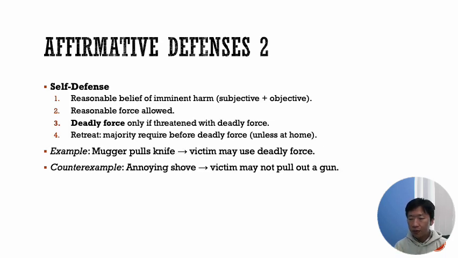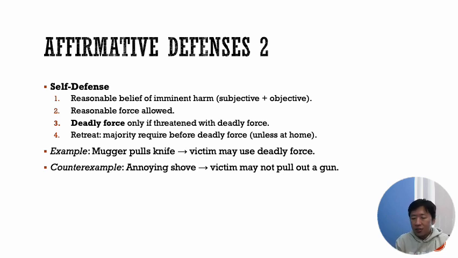The second affirmative defense is self-defense. So this is the most popular defense we're going to analyze in the issue spotting essay. Several elements. The first one, the reasonable belief. The person must reasonably believe that the harm is coming. It contains both subjective and objective. Subjective is the person truly believes, did not lie.